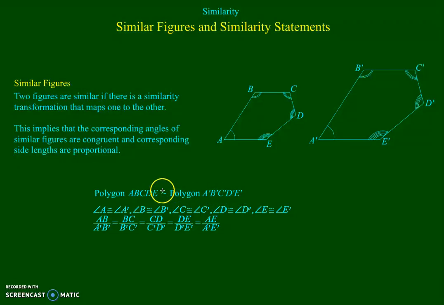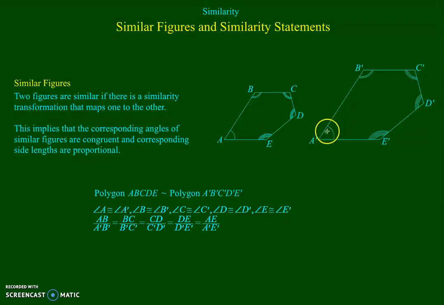The similarity symbol is the tilde standing by itself. Notice in congruence we had an equal sign with a tilde over the top. In similarity it's just the tilde and no equal sign. So this polygon is similar to this polygon implies that all the corresponding angles of this are equal to the corresponding angles of this.